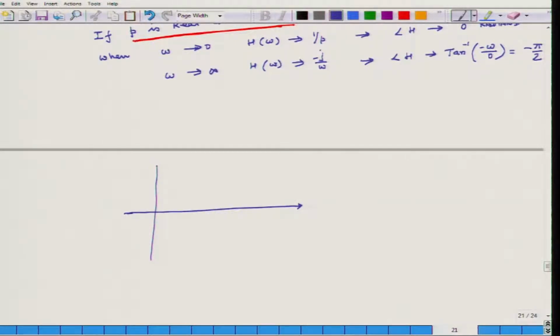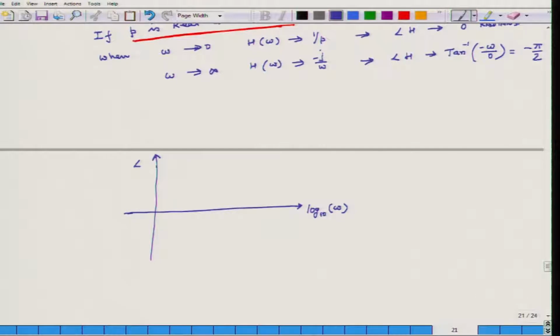On the x axis I am going to plot log of omega, and once again it will have two asymptotes, a low frequency and a high frequency asymptote, and on the y axis I am going to plot phase in radians.